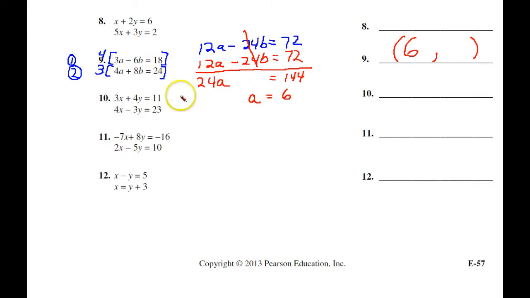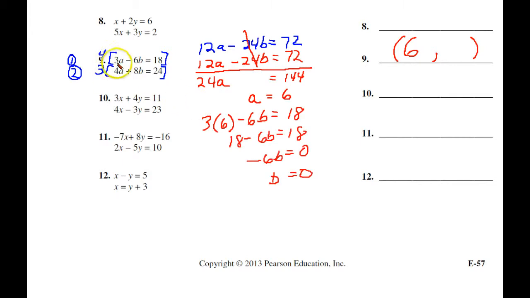All right, now what we want to do is put a into equation 1, and I get 3 times 6. 3 times 6 is 18. Notice now I'm going to subtract 18 from both sides. The 18s cancel out, and I'm left with a negative 6b equals 0. Now remember, it's okay for something to equal 0. We're going to solve for b by dividing both sides by a negative 6, or you would know that b is 0. So there's my second ordered pair, and having a 0 there is fine.